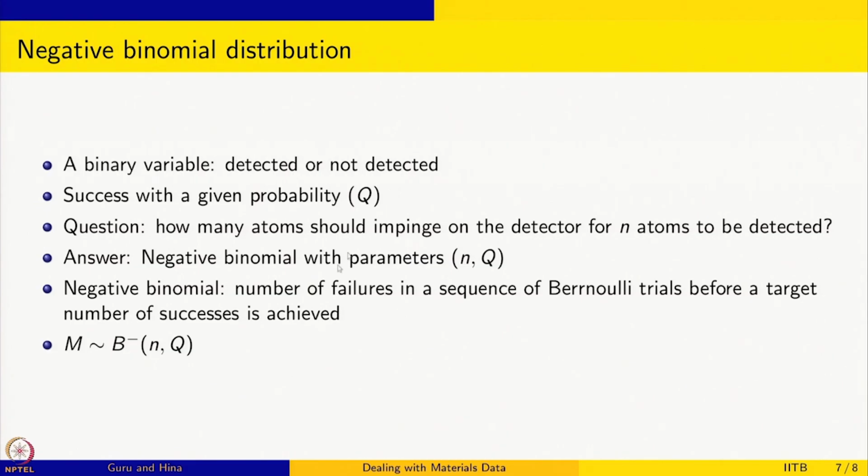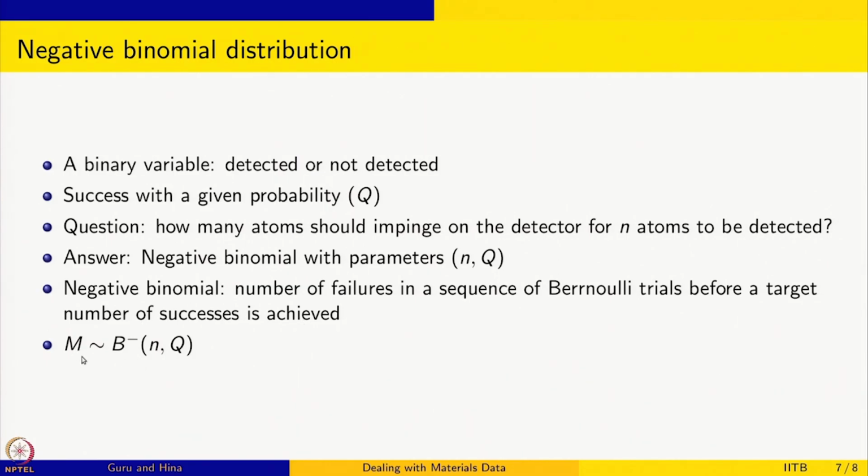Under that assumption you can see that it is a Bernoulli trial, and what we are asking is that we know the number of successes is known, n atoms are detected, but we are asking how many failures happened before this success is achieved. So, that is the negative binomial distribution.